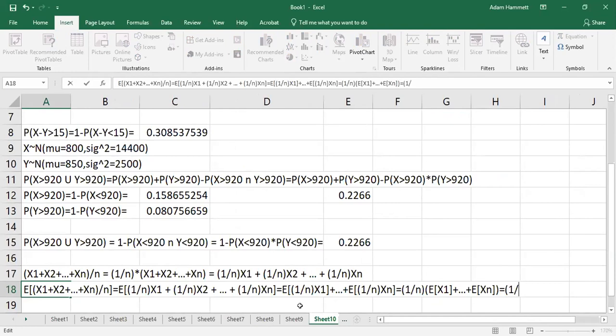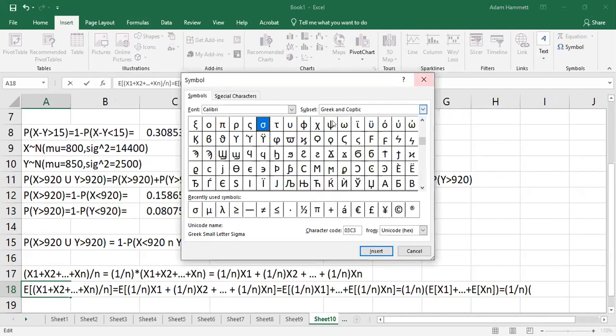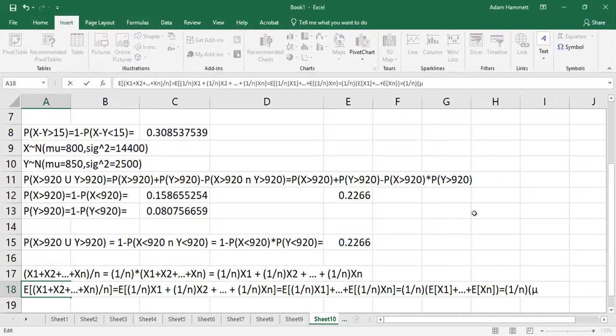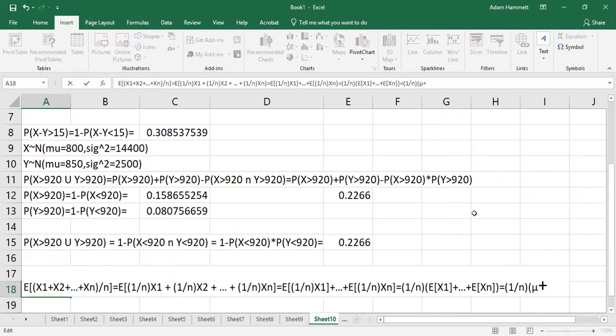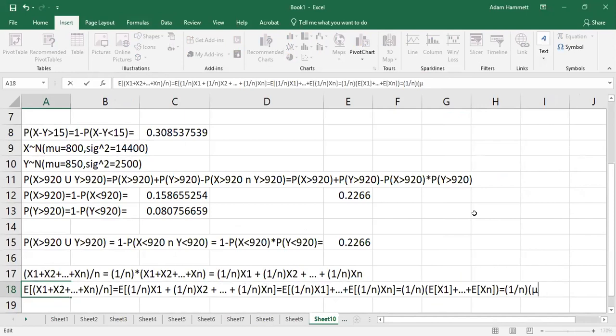This is just going to be 1 over n times mu plus, plus dot, dot, dot, plus mu. How many of those am I going to have? Mu sub n. Is that right?